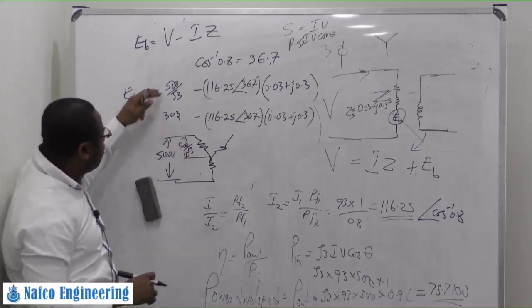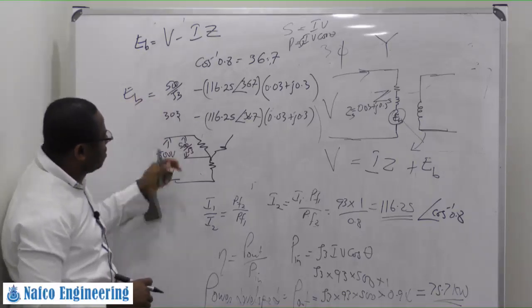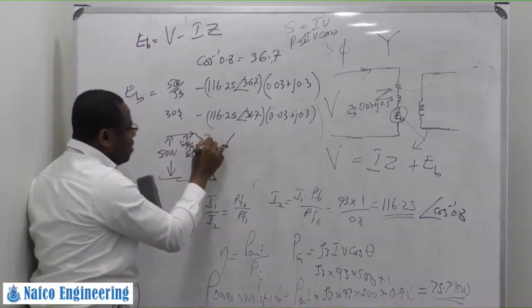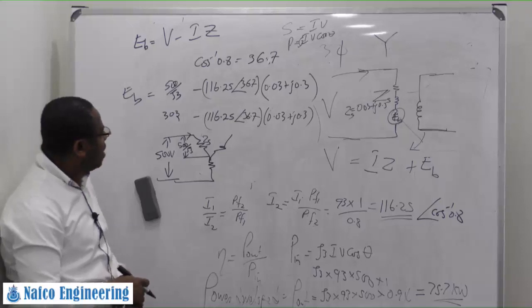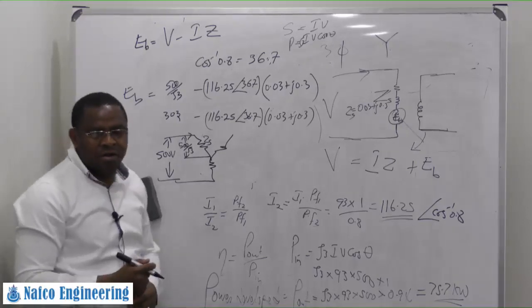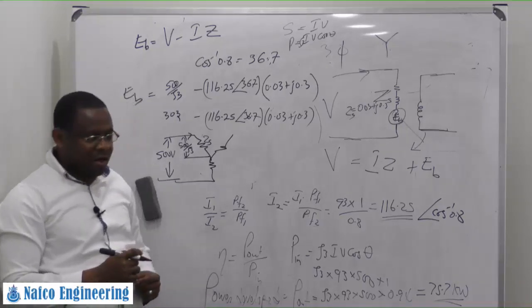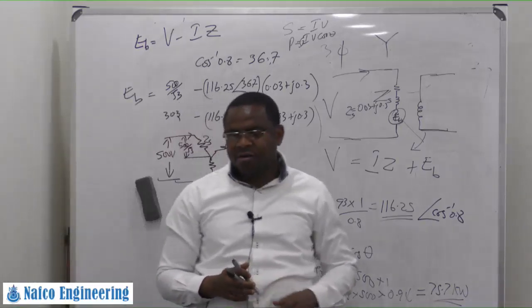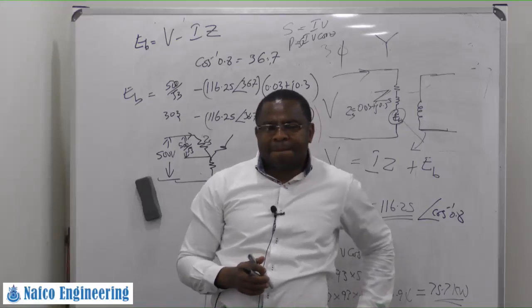That's how we got that one. And minus the current flowing multiplied by the ZS. From there you get your electromotive force generated.